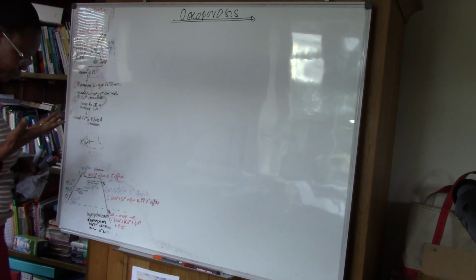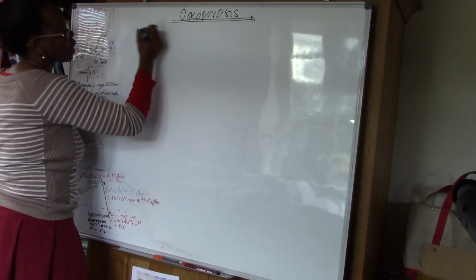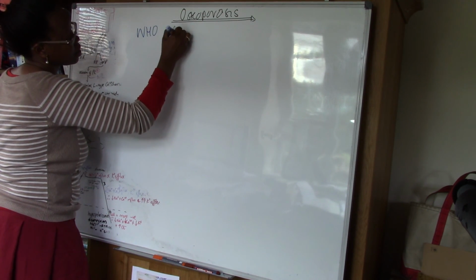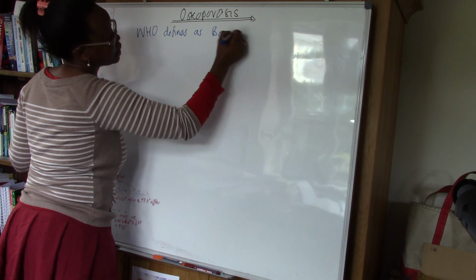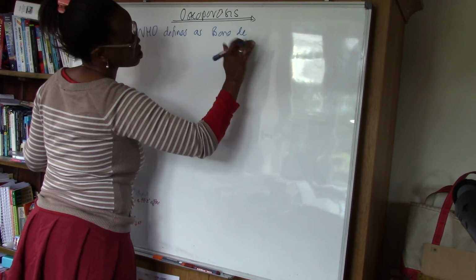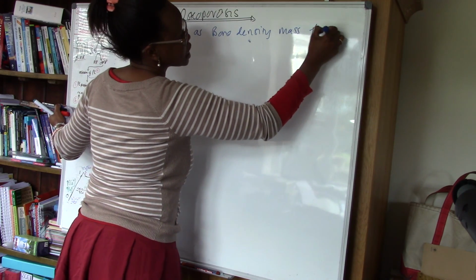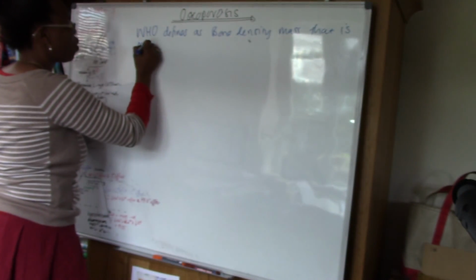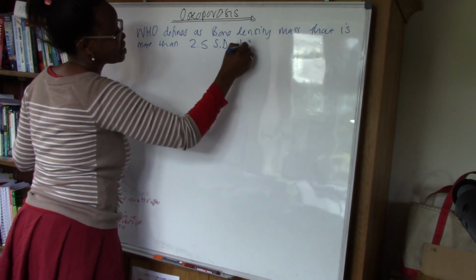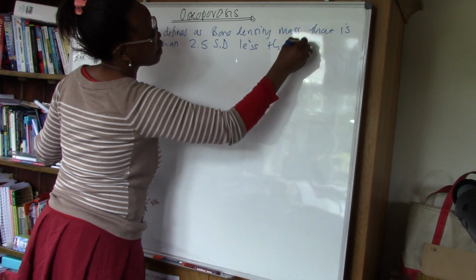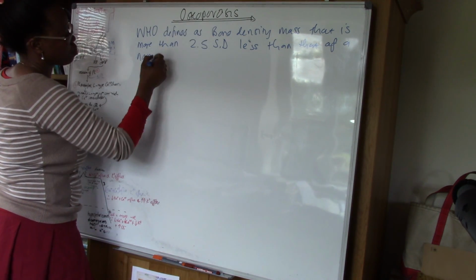Osteoporosis is defined by the WHO, the World Health Organization, as a bone density, or bone mass, that is more than 2.5 standard deviations less than that of a normal young adult. When we say normal, we mean non-osteoporotic.